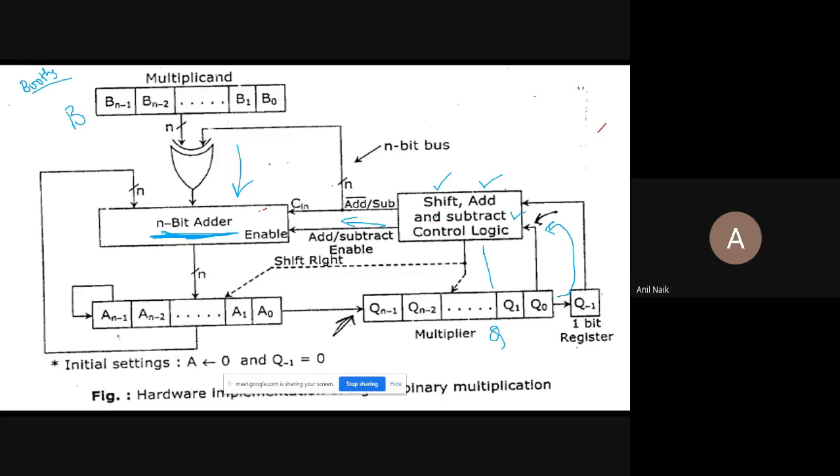So first, understand the basics of the registers. For that, one more flowchart is there. In the flowchart you will understand how exactly Booth's algorithm performs the operation, how the n bit adder works, and how it stores the result in the accumulator.